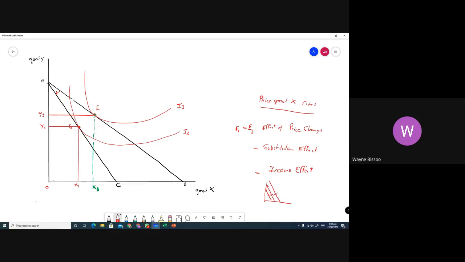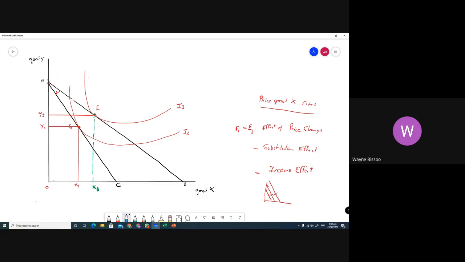Now, it's going to be a little tricky for me to do with this particular device. So give me a chance here. All right, first off, let me change color so we can distinguish what's going on. So I'm looking for a budget line that is parallel to AC, but is going to be tangential. I have to freehand this.